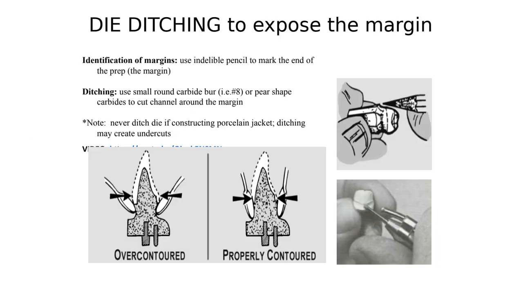So the ditching is to expose the margin, okay? In order for us to identify where the margin is and to know where to finish the preparation, we have to see the margin. Once we ditch it and we have an idea where the margin is, in order for us to be able to see it constantly when we're working on it, we have to use a pencil to mark it, okay?